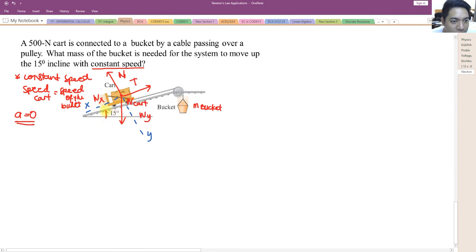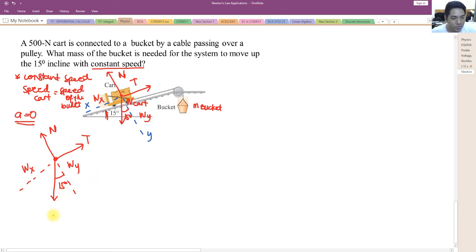This 15 degrees incline is always attached to the y component, so that will be 15 degrees. If we wish to draw the free body diagram in detail, you have N and you have T here. This will be your y-axis where your Wy is also. This will be your weight, this will be your Wx, and this will be your angle. This is your normal force, this is your tension in the cable.